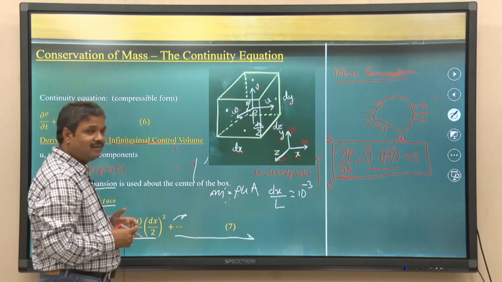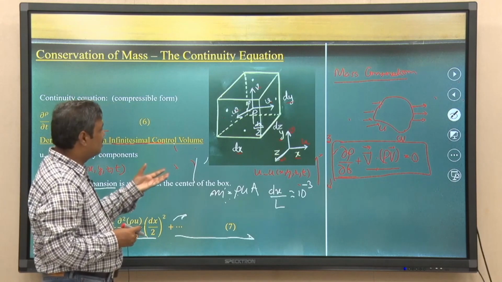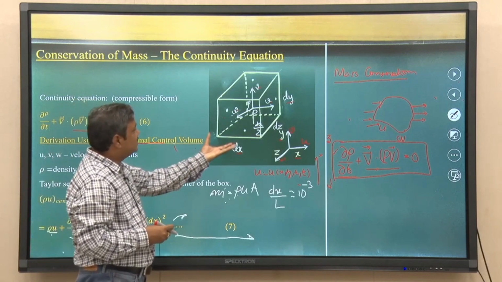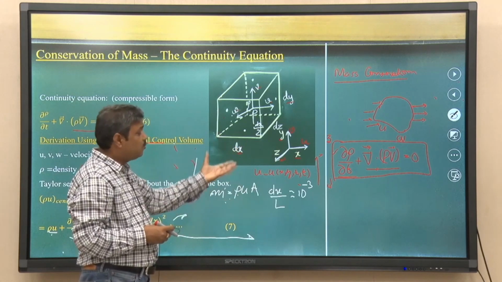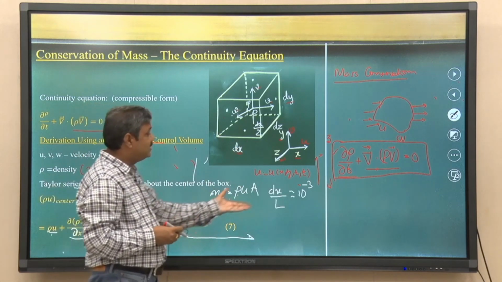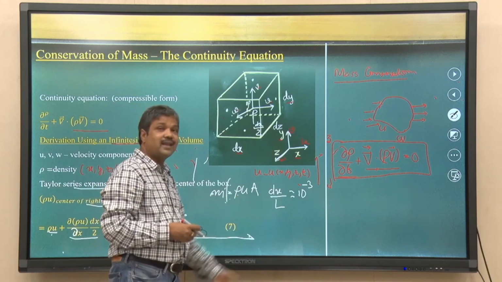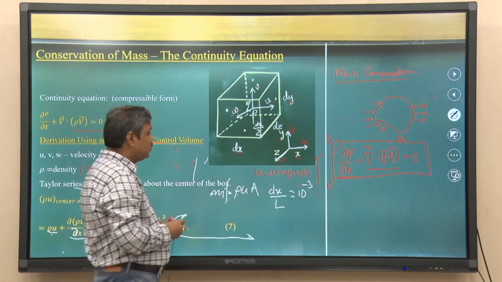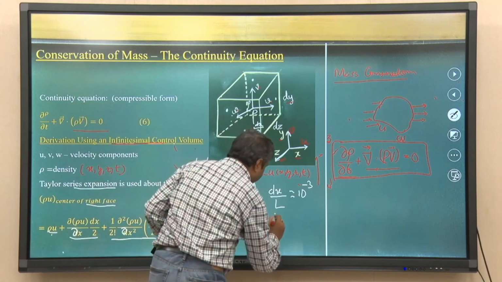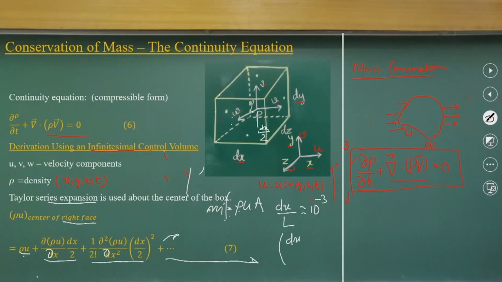So, dx by L, because we are considering a control volume which is infinitely small compared to the characteristic length, can be 1 by 1000. But when you square it, dx by L squared will be 10 to the power minus 6.